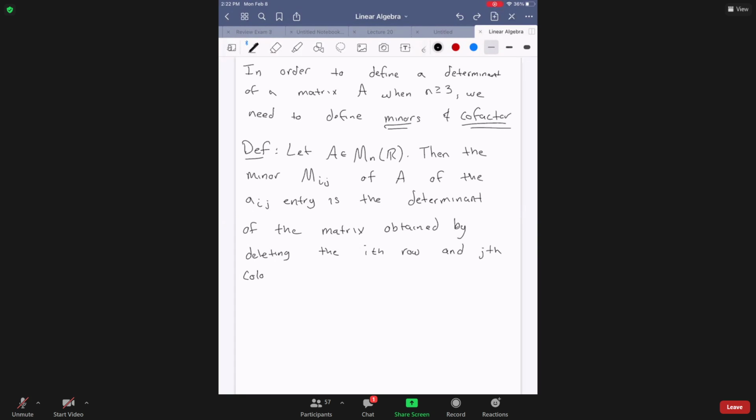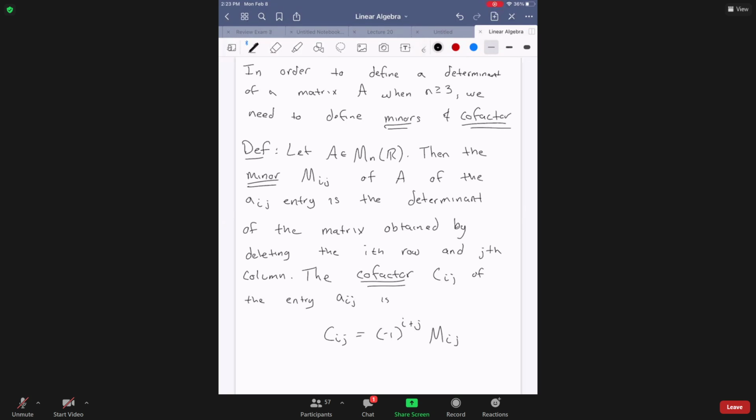And then once you have the minor, the cofactor Cij of the entry Aij is defined as this: Cij is equal to (-1)^(i+j) times the minor Mij.